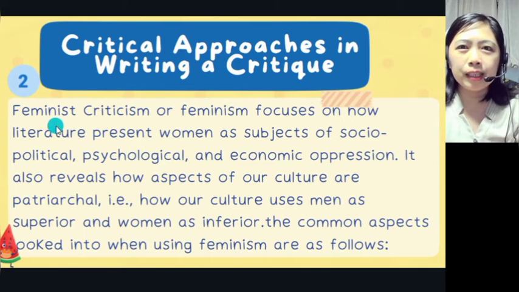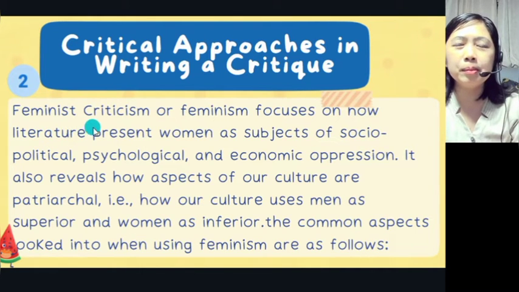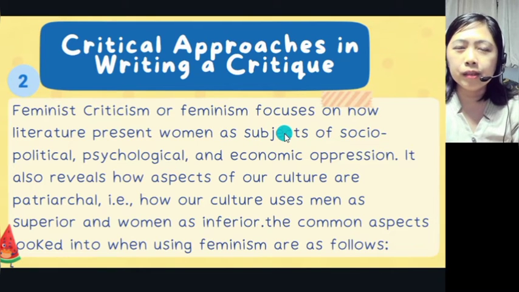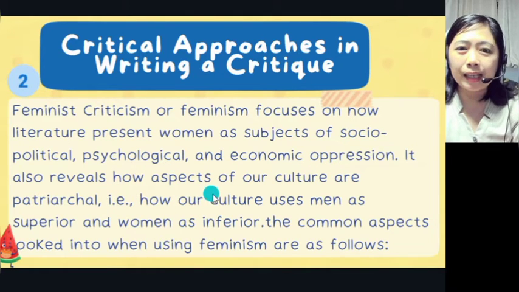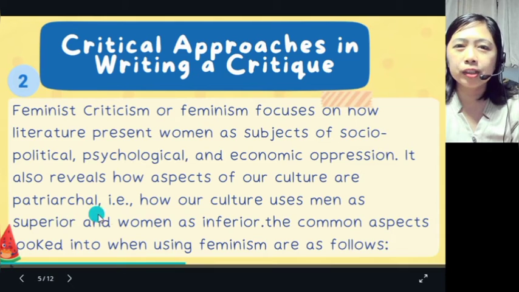Okay, the second approach we have here is the feminist criticism, okay, or feminism. Okay, this one focuses on how literature present women as subjects of social, political, psychological, and economic oppression. It also reveals how aspects of our culture are patriarchal.